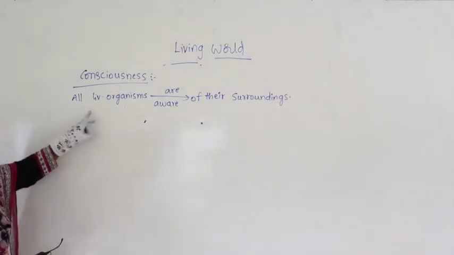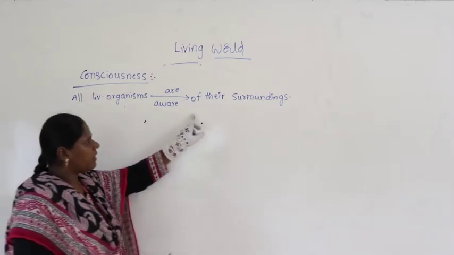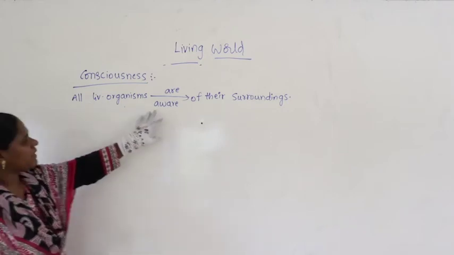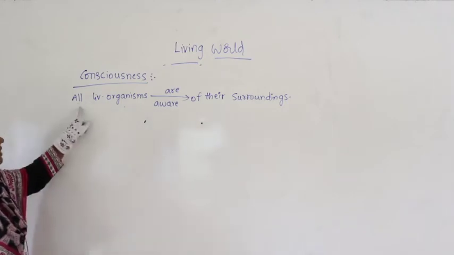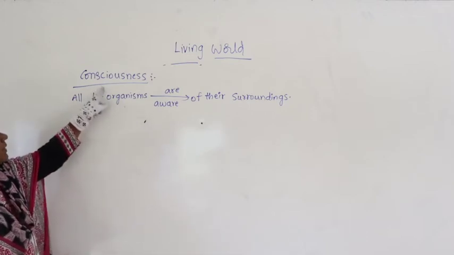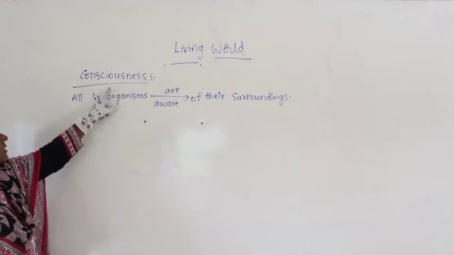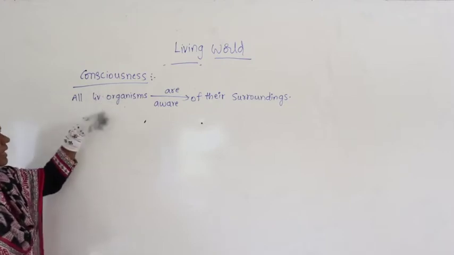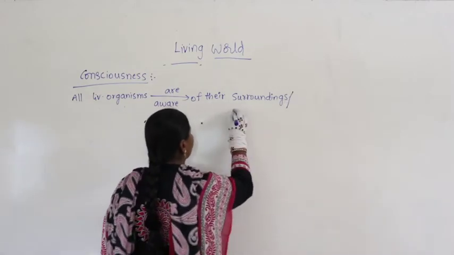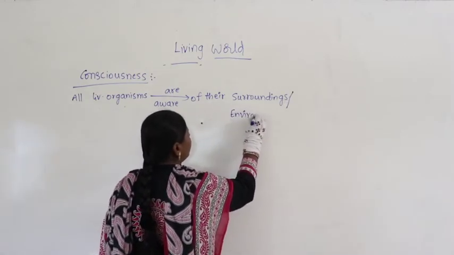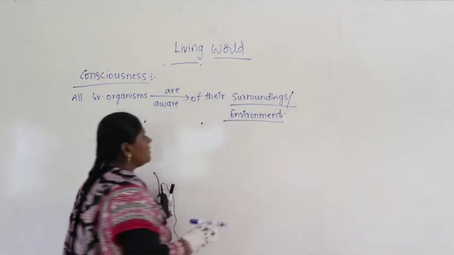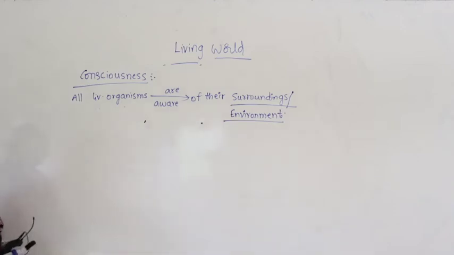All living organisms are aware of their surroundings, meaning the organisms know what's happening in their surrounding. Every organism knows what's happening in their surrounding. That itself is called the property called consciousness. Means every organism knows what's happening in its own environment. Surroundings are of their environment.